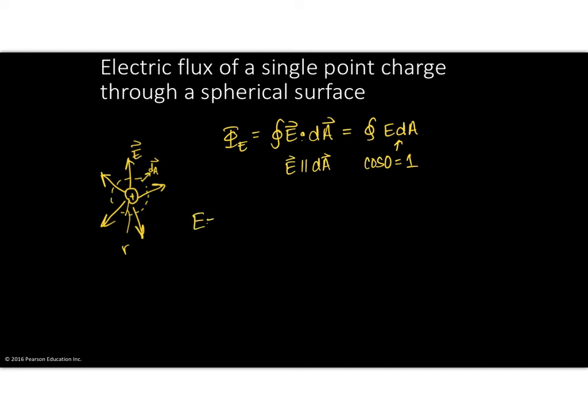There's another thing that's important. We know that the electric field, due to the point charge, is only related to the distance away from the charge, and the magnitude of the charge, of course. So the other thing that's happening is on the surface of the sphere, the electric field is constant. So I can take it outside of the integral. It's just a constant.